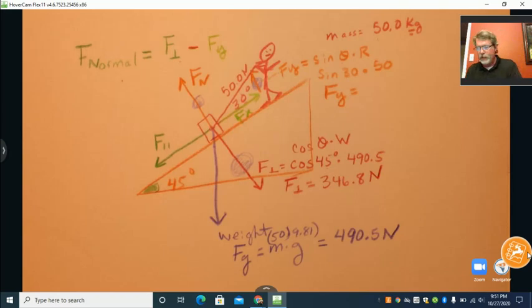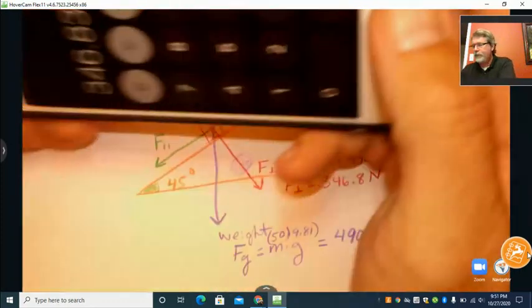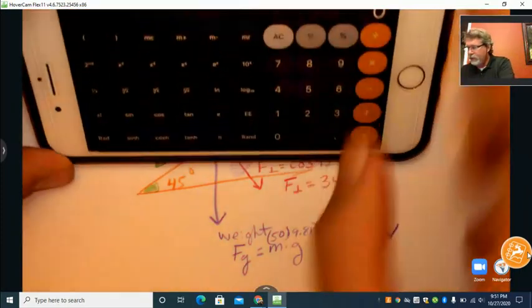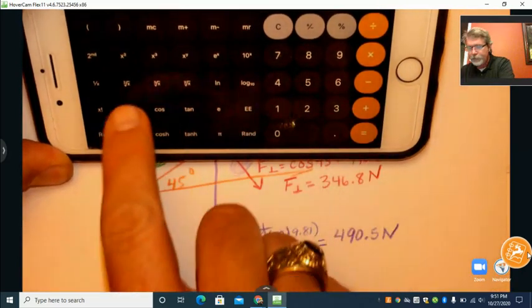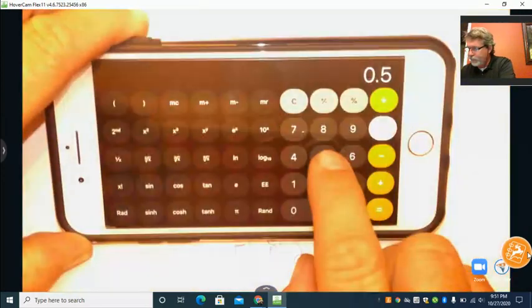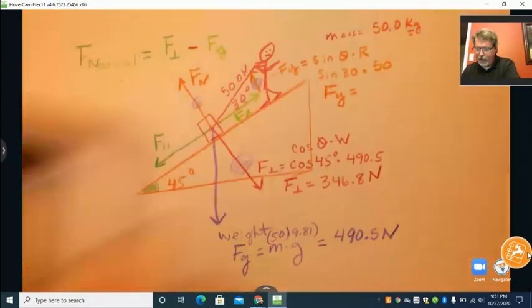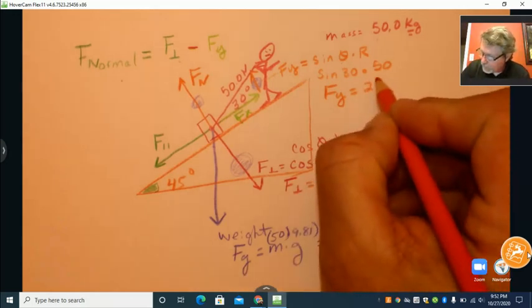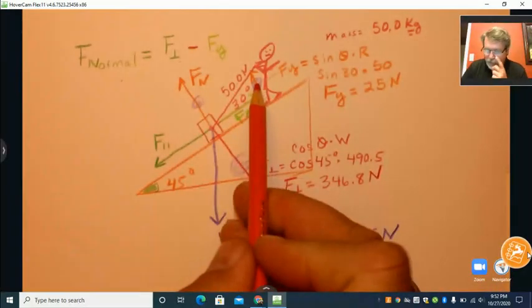So we'll take a minute and solve that up. We go 30 sine times 50, and we get 25 newtons of force. So that's 25 newtons of force lifting up.